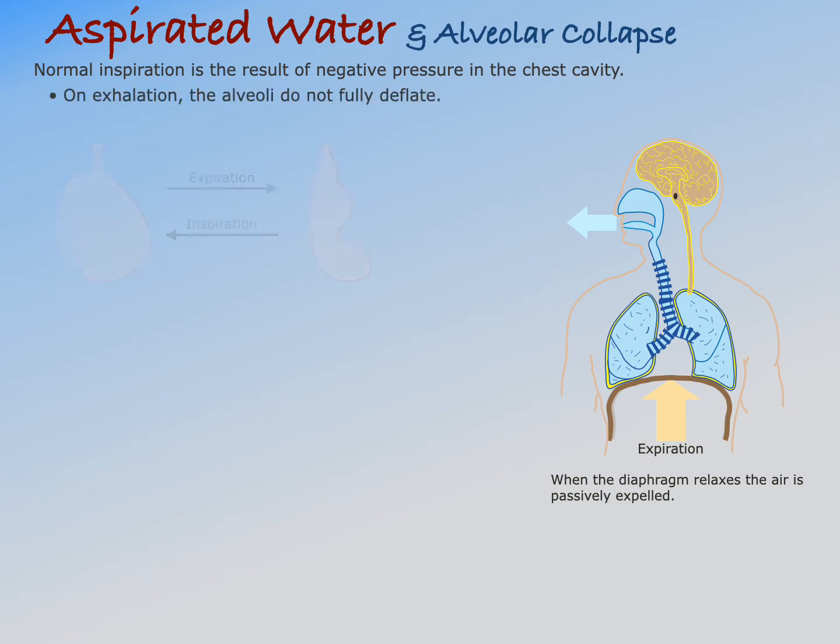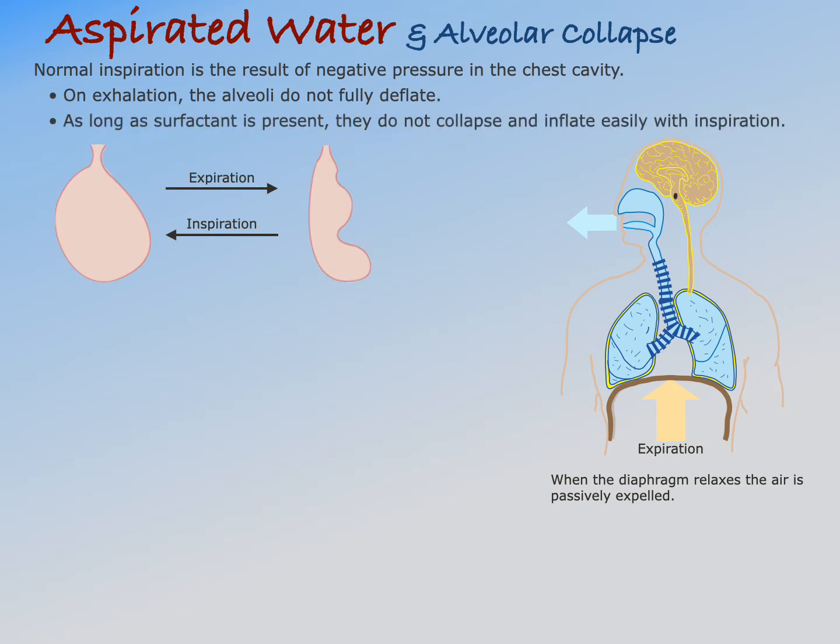During this process, on exhalation, the alveoli do not fully deflate, just like in this small graphic here. So when you blow off the air, when you breathe out, the alveoli only partially deflate.